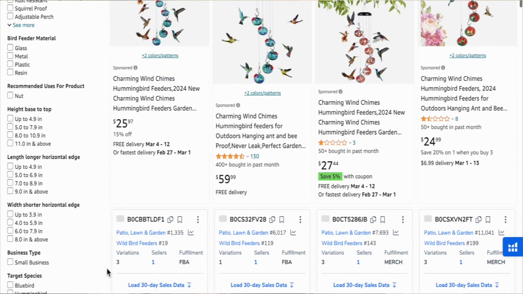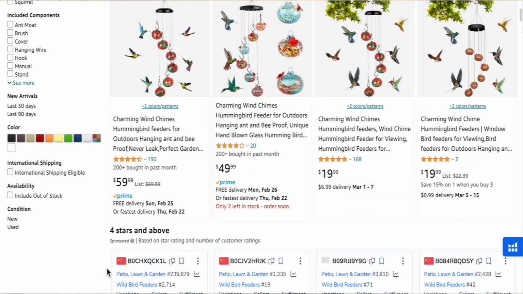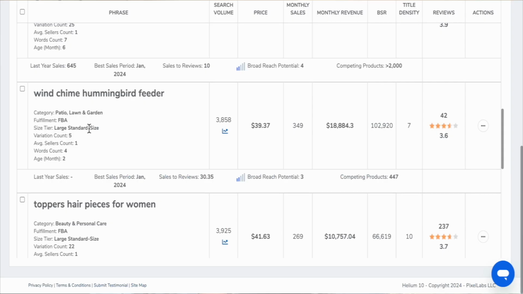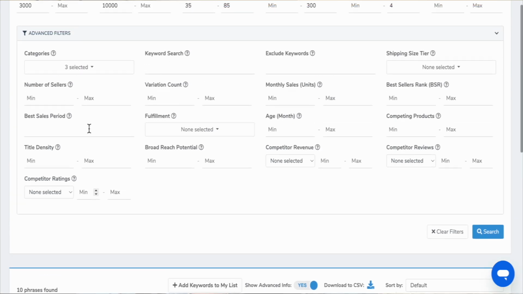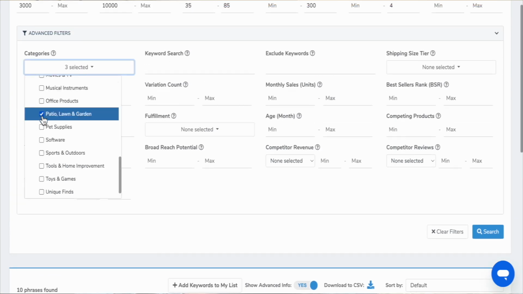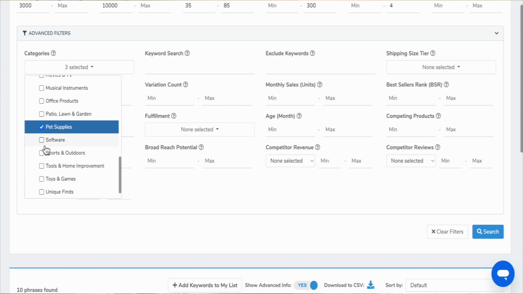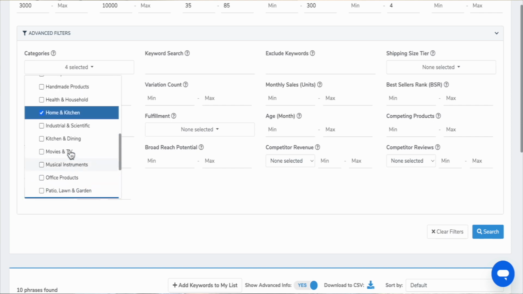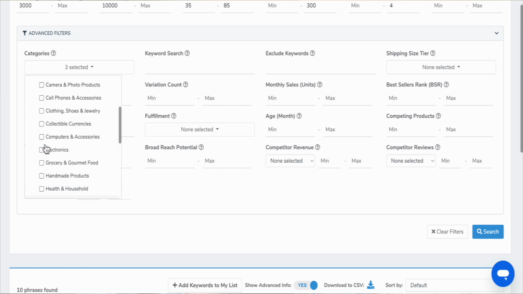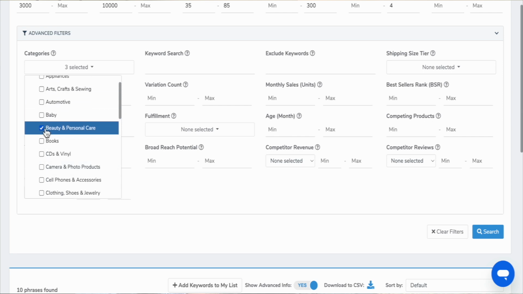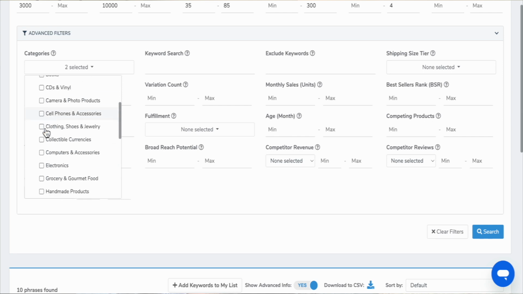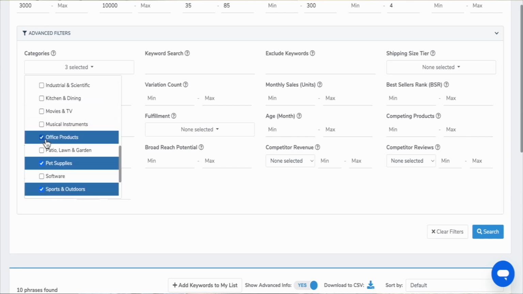Now, if I feel like I want more, I can just, like I said, go back and change my criteria. So I'm gonna get out, I'm gonna do pets, I'll do sports, I'll take beauty and product out, and I'll just do those 2 for now, maybe office products as well.